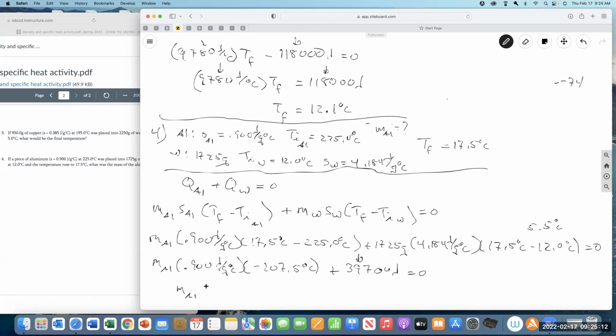Mass of the aluminum times, this is going to drop to 3 sig figs, 0.9 times 207.5 is negative 1.8. And this is going to be joules per gram plus 39,700 joules equals 0.